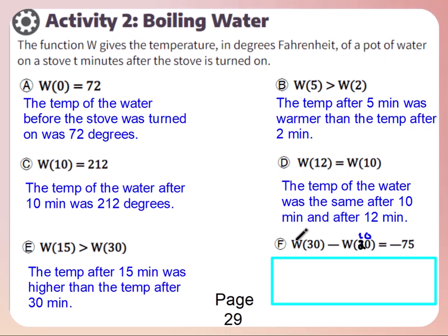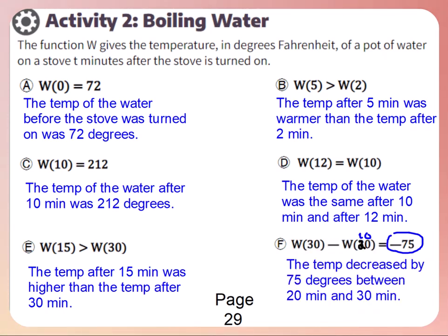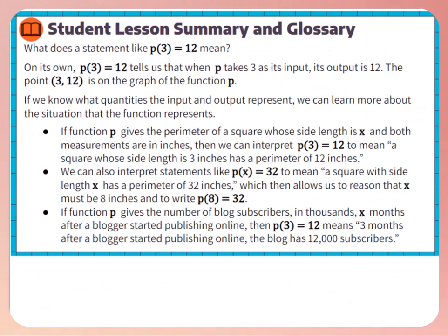We're saying the water temperature at 30 minutes, whatever that was, and we subtract the water temperature at 20 minutes, we get 75 degrees. So another way to say this is that the temperature decreased by 75 degrees between 20 and 30 minutes. So that's just a different way to say that.